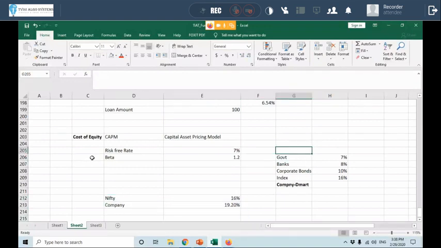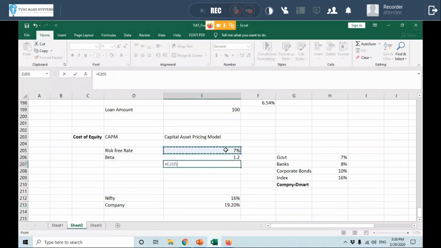So basically, minimum what you want is the risk-free rate plus beta. That is 8.2. 1.2 into your index returns. What was your index returns? 16. You want at least 1.2 times that, that is 19.2. So plus risk-free, the actual cost of equity is the risk-free rate plus my 19.2%.